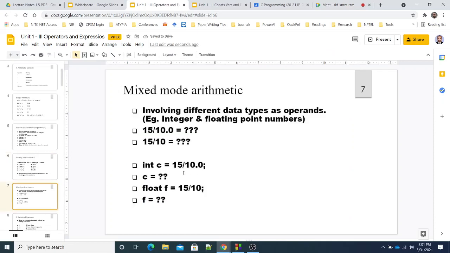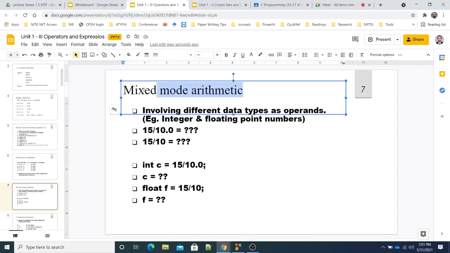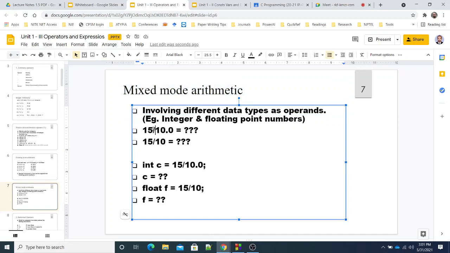We have some questions here. Mixed arithmetic means your operation involves two different data types. For example, the numerator is an integer and the denominator is a real number, float or double.